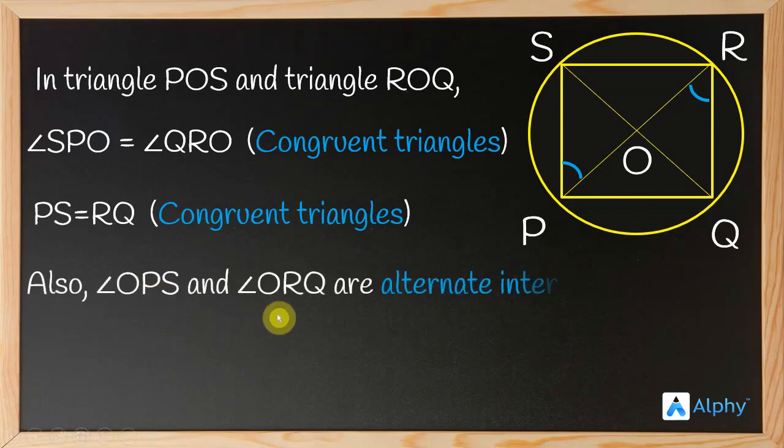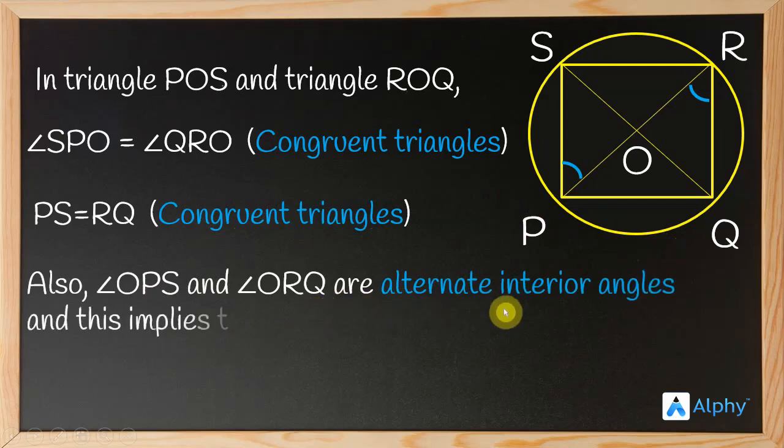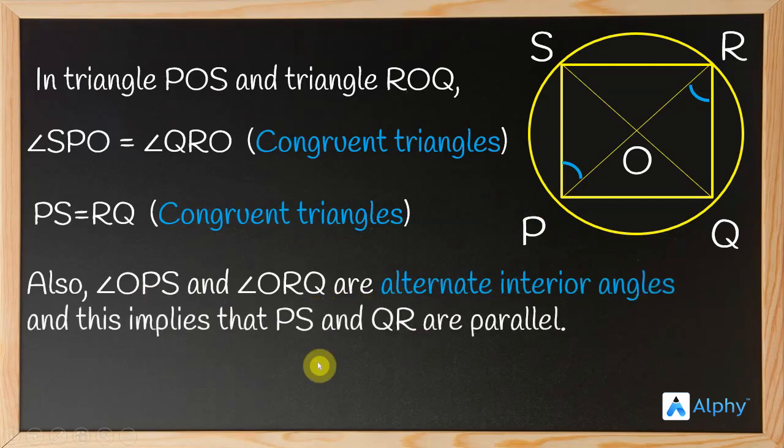And similarly, angle OPS and angle ORQ are alternate interior angles, and this implies that PS and QR are parallel. So angle OPS is actually the same as angle XPO, a different way to write it, and angle ORQ is the same as QRO. So these two can also be looked at as alternate interior angles.